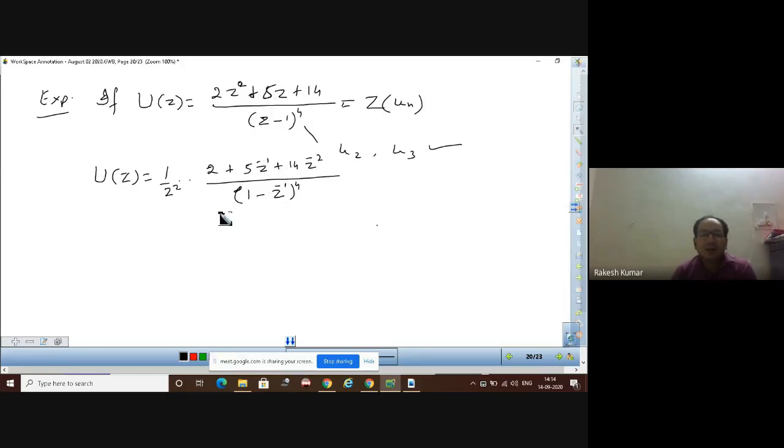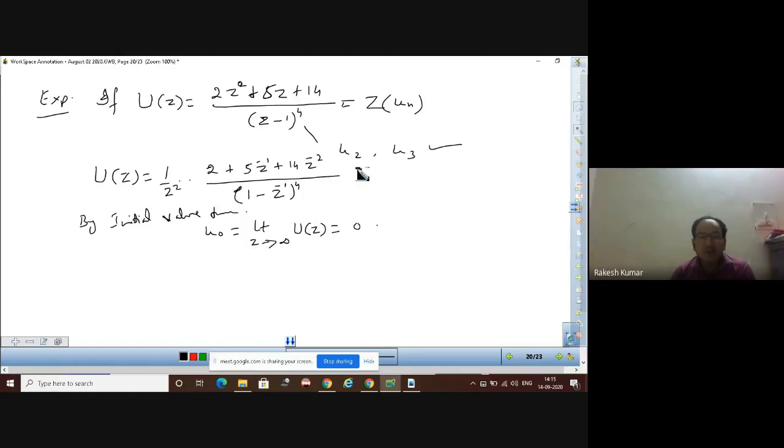By the initial value theorem, the initial term u0 is the limit as z approaches infinity of U(z). When you take the limit as z approaches infinity, 1 upon infinity comes out to be 0, so the total limit is 0.